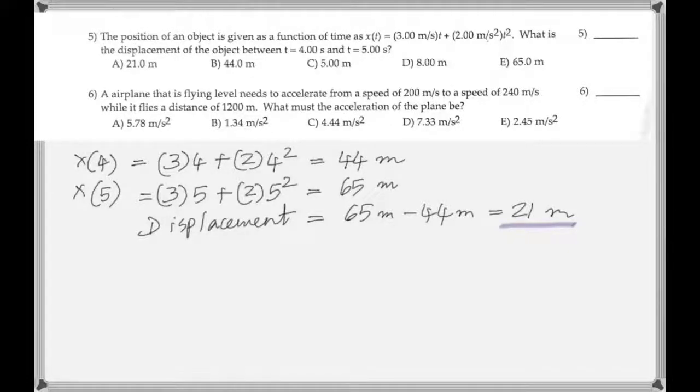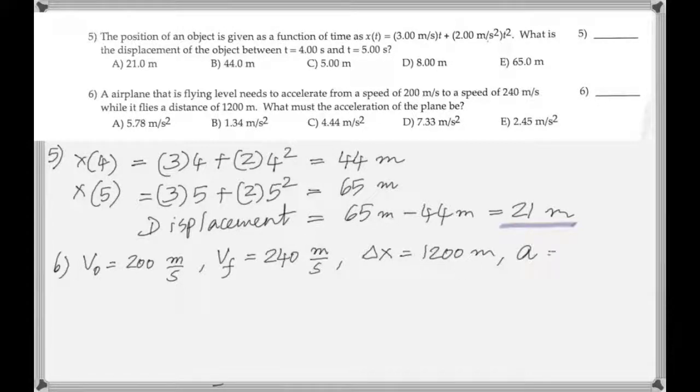Simple case of substitution. If you know the four quantities given, then you know that the equation to be used is V final squared minus V initial squared is equal to 2 times a delta x.